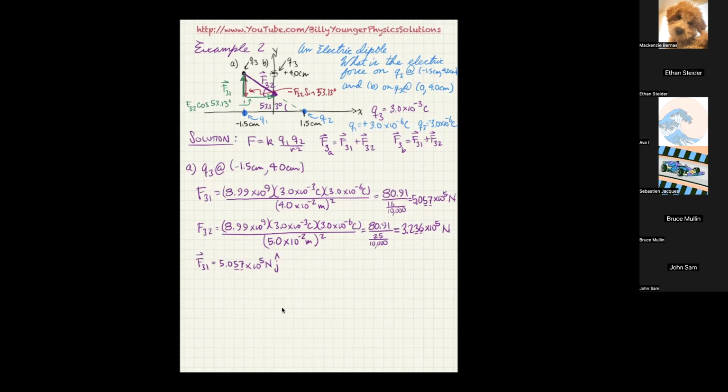I can write F32 x component. That's going to be positive. Notice it's the green one. That's going to be positive, and I'm going to take the 3.236 e to the 5th, and I'm going to multiply it by the cosine of 53.13.